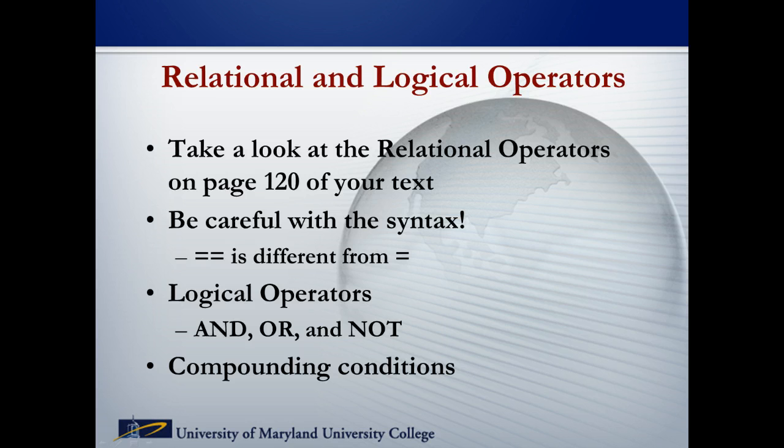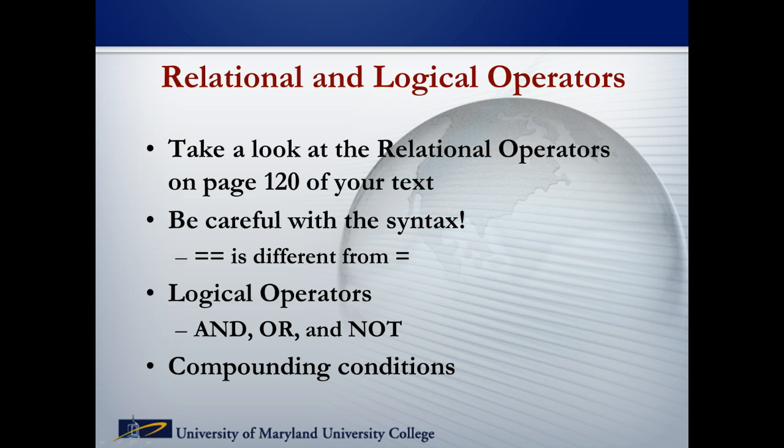So if you look at the table on page 120 in your text, that is the list of relational operators that we'll be using in our syntax. Now, different programming languages have different syntax on how to test for a lot of these things, but this is what we'll be using in this class. Of course, a lot of these are pretty familiar to us: less than, greater than, not equal to. If you've seen code, you probably have seen a lot of these things.